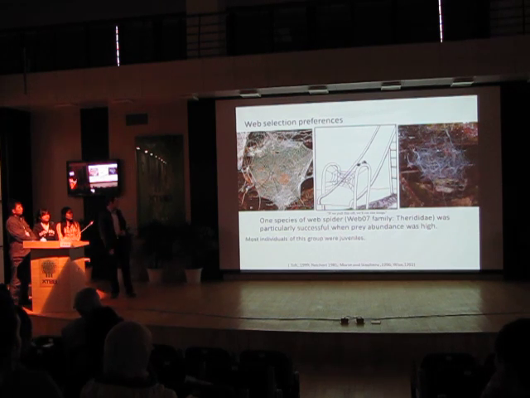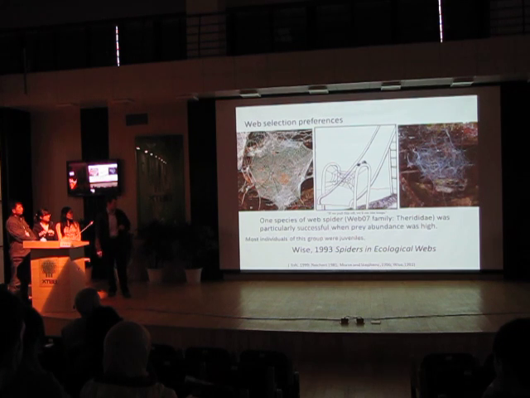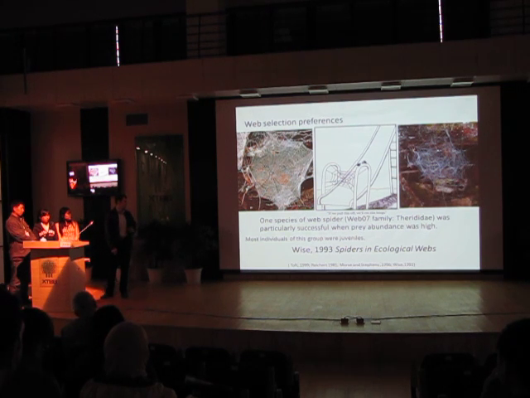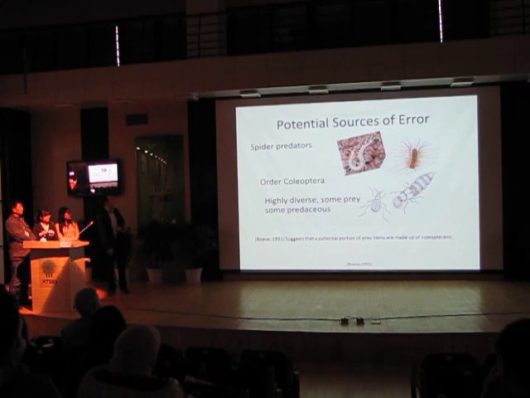It's kind of complex to understand. But this guy, Wise, again in 1993, presents a lot of this interesting information in a little book called Spiders and Ecological Webs. Very funny.